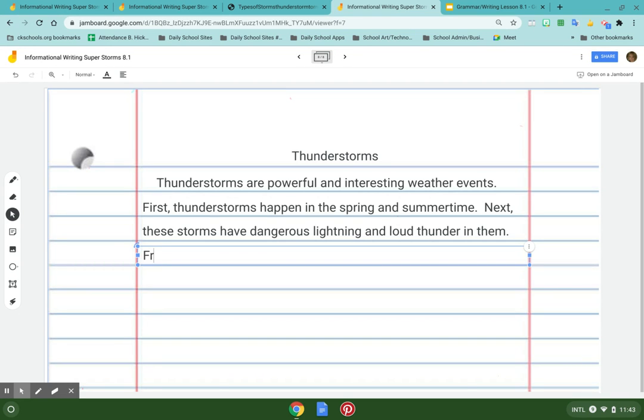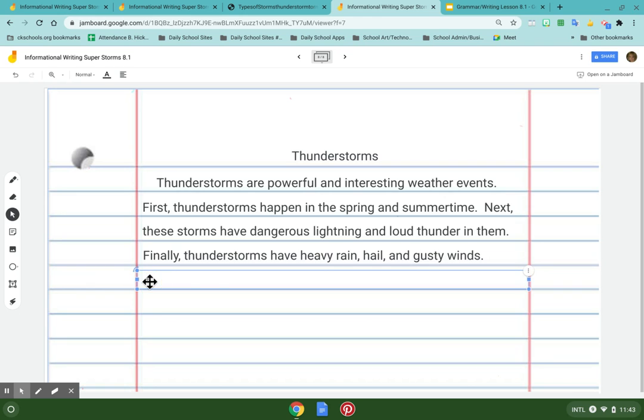Now I'm going to go finally. Thunderstorms have heavy rain, hail, and gusty winds. Clearly, oops, see that? No room, so I have to drop down because this is a different kind of program.